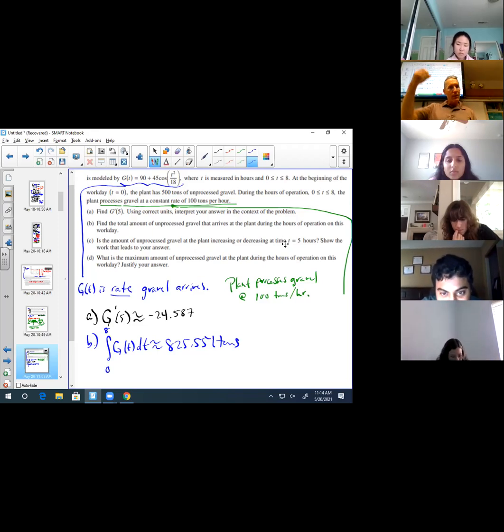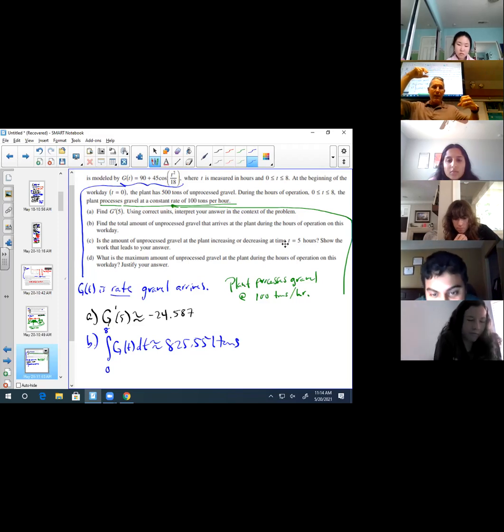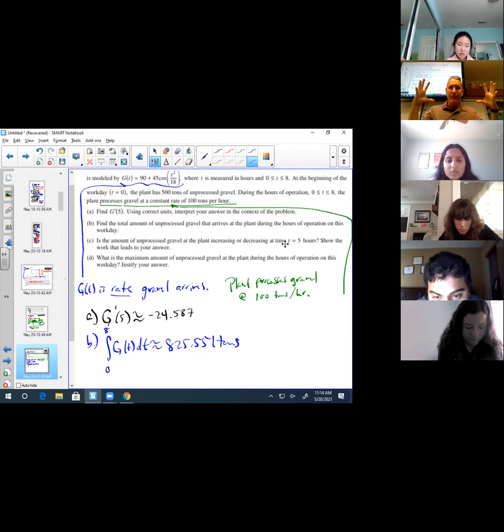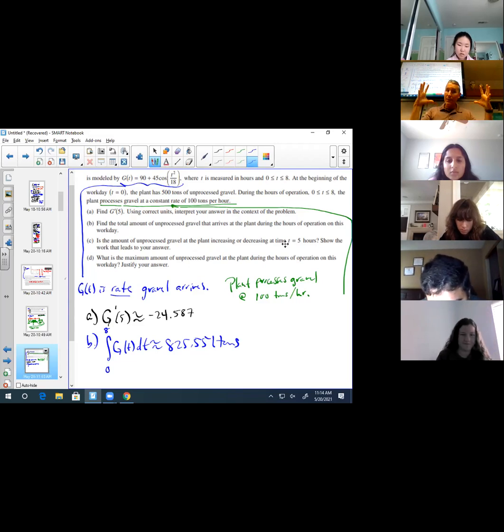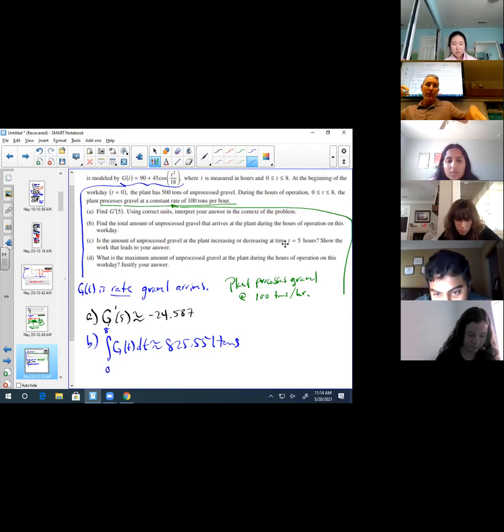Leaky bathtub. You've got the water coming in and the water leaking out. If the water coming in is greater than the water leaking out, then the total amount of water in the bathtub is increasing. We don't have water here, we have gravel. So if the rate that the gravel is arriving is greater than the rate that they're able to process it, then the total amount of gravel will increase. If it is less than the rate that they're able to process it, then the total amount of gravel at the plant is decreasing.